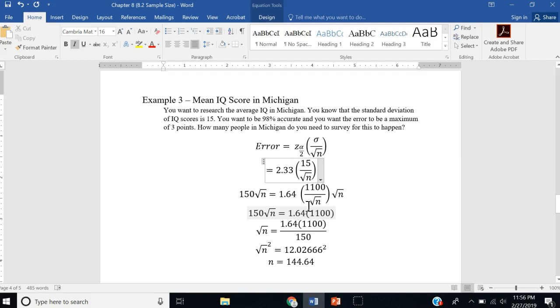And I want my error to be a maximum of 3 points. So there we are. So we solve this in exactly the same way. Multiply both sides by, I'm sorry, multiply both sides by the square root of n.